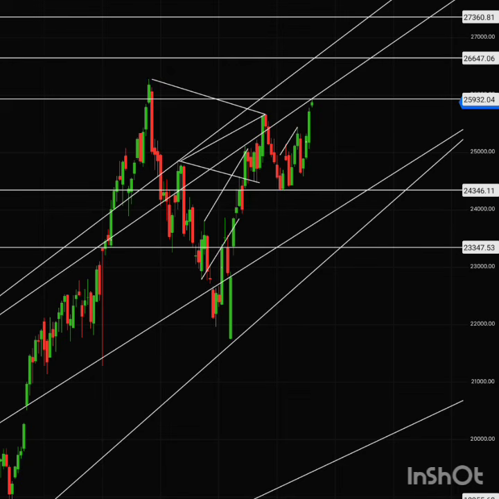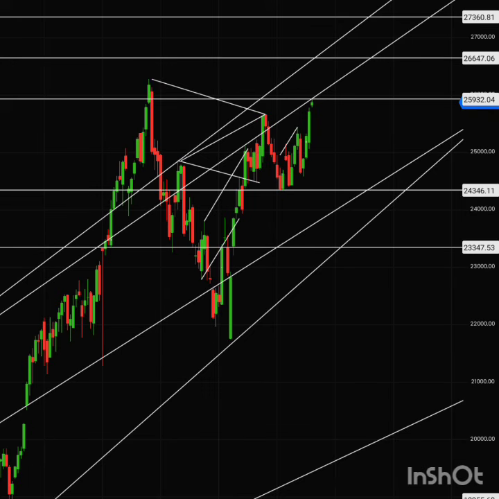You can see this line also acting here, and after the breakout it was taking support on this line and here. So most probably after this breakout we will have to set the 26,640 range as a target. This is on the weekly time frame.